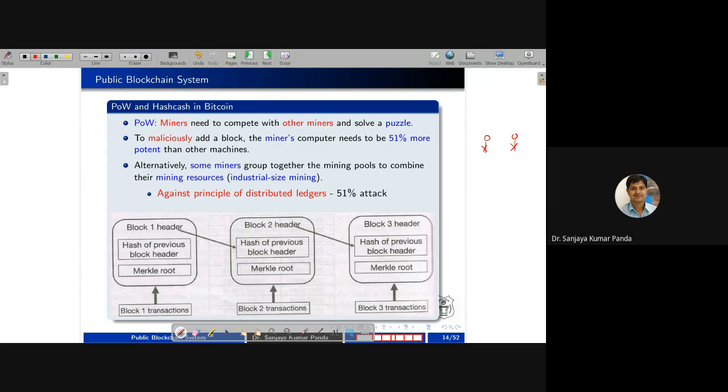For block one header, we are generating a hash value. That hash is there in the next block also, like in block two you can get a hash of the previous block, Merkle root. So we are connected in a chain, right? So if any modification happens to a particular block, that block and its subsequent blocks are going to be affected.